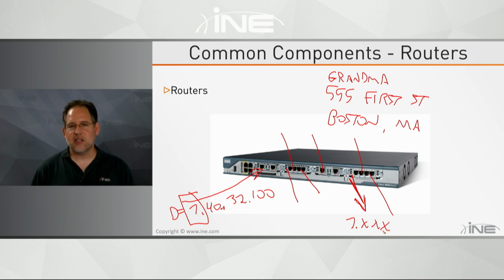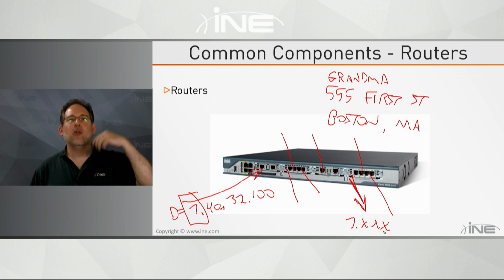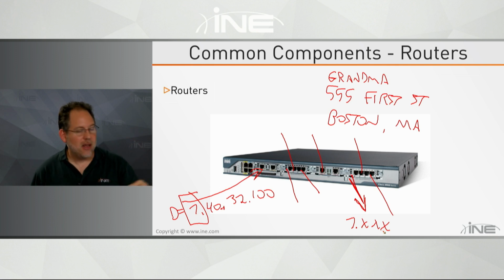So that's what the process of routing is. The router knows where the various departments and organizations are based on their numbers, and it can route or transmit the packet, the information, out the correct cable based on just a partial match. It doesn't have to match the entire name. As long as it can match some of the name, it knows how to get that information where it's going.